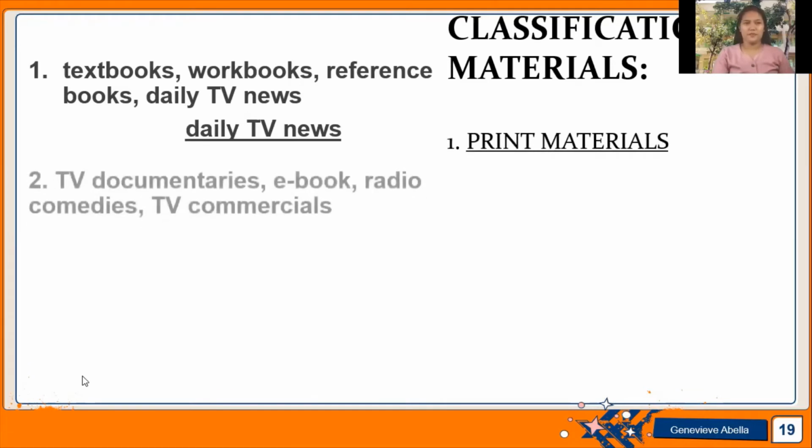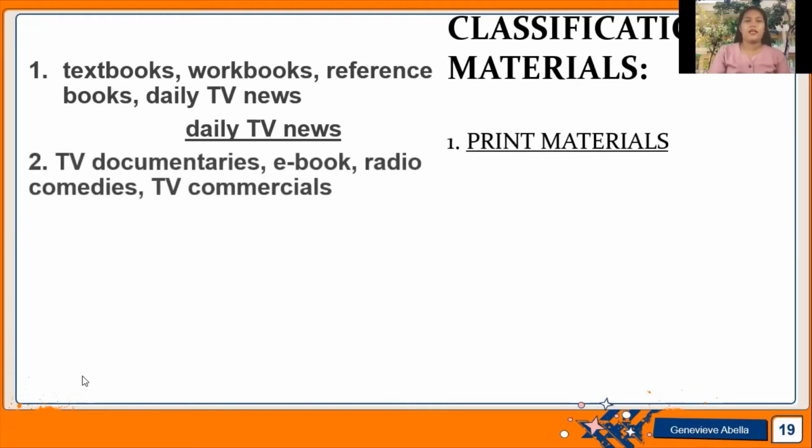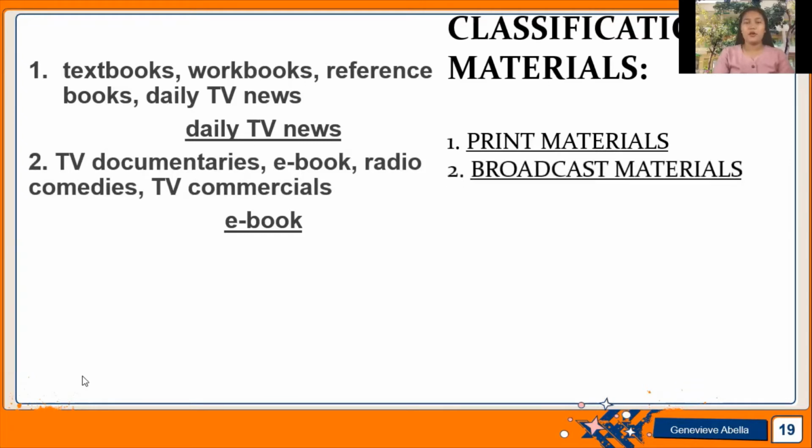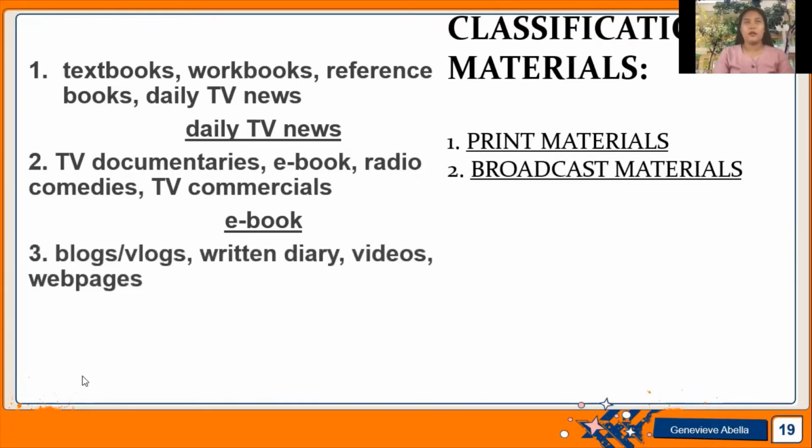Very good. Number 2, TV documentaries, ebook, radio comedies, TV commercial. Which does not belong to the group? It's ebook. Very good. How do we classify the remaining materials? These are the broadcast materials.